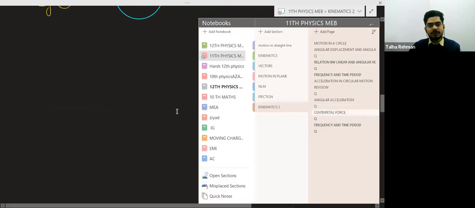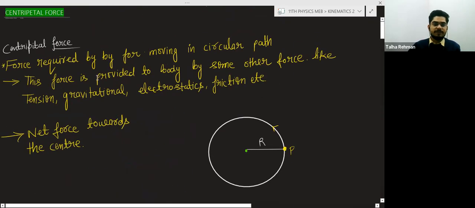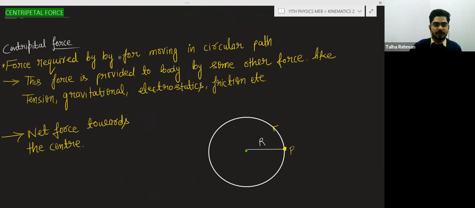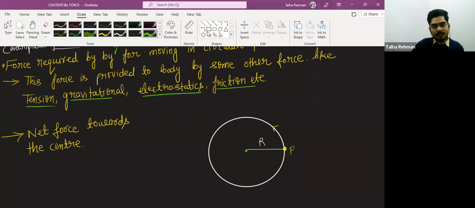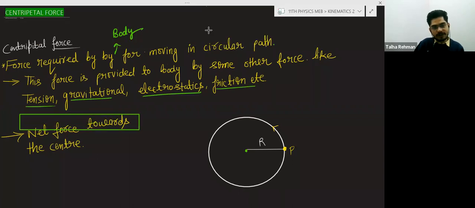I have already written all the things to save time. Centripetal force is the force required by a body for moving in a circular path, and this force is provided to the body by some other force like tension force, gravitational force, electrostatic force, friction force, etc. And the main point you have to remember for solving questions, this point will help you a lot.